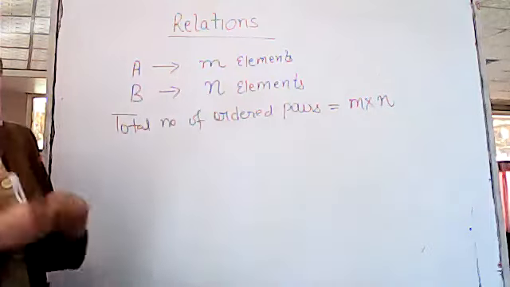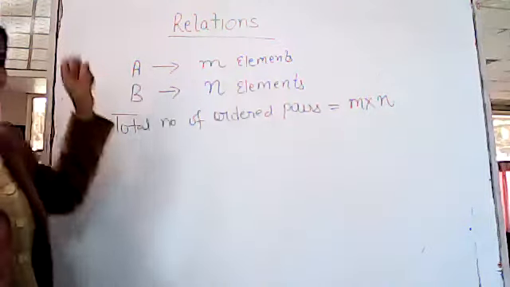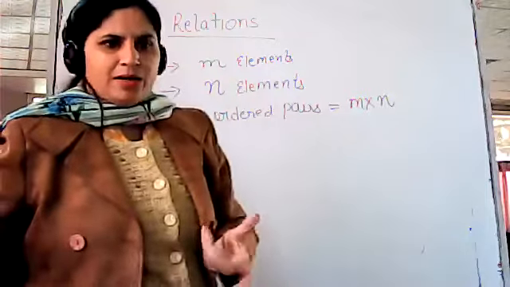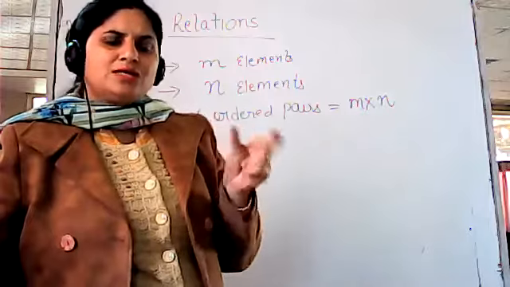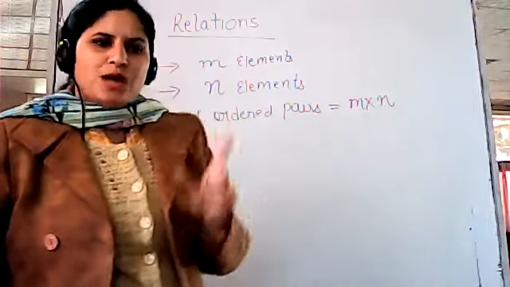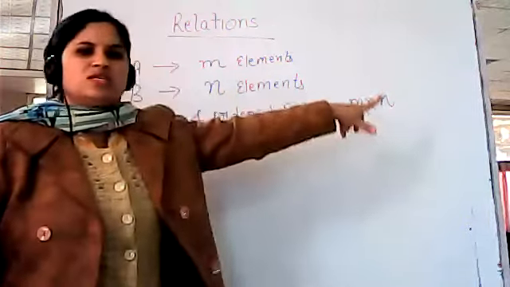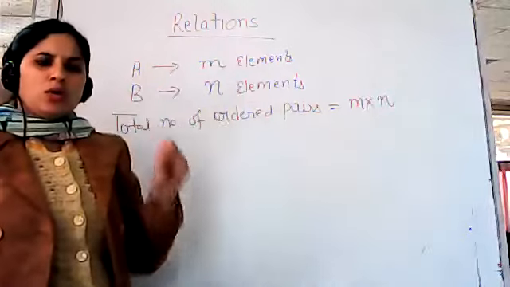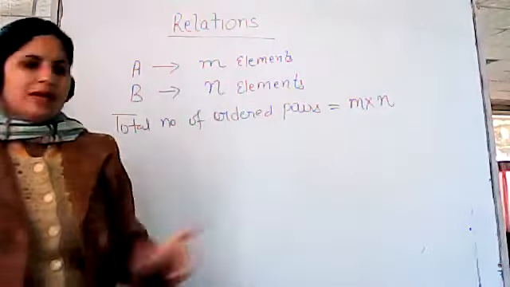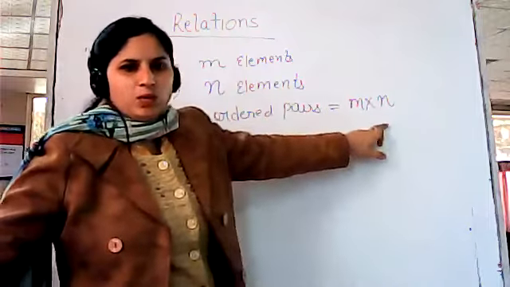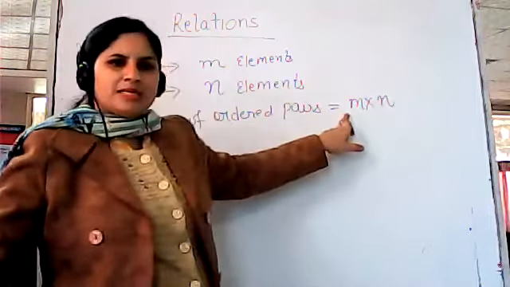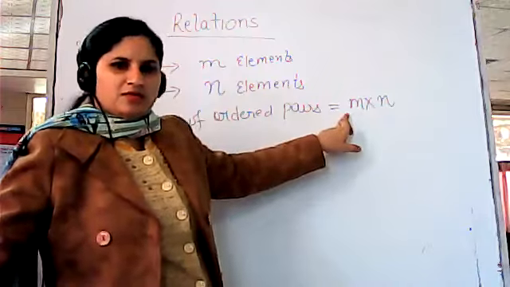So if we have an example, if we have given a set A which consists of 3 elements and a second set B which consists of 2 elements, then what is the total number of ordered pairs? So the answer will be 3 into 2, which is equal to 6. So the total number of ordered pairs can always be calculated by this formula, that is m into n. What is m? This is the number of elements present in the first set.